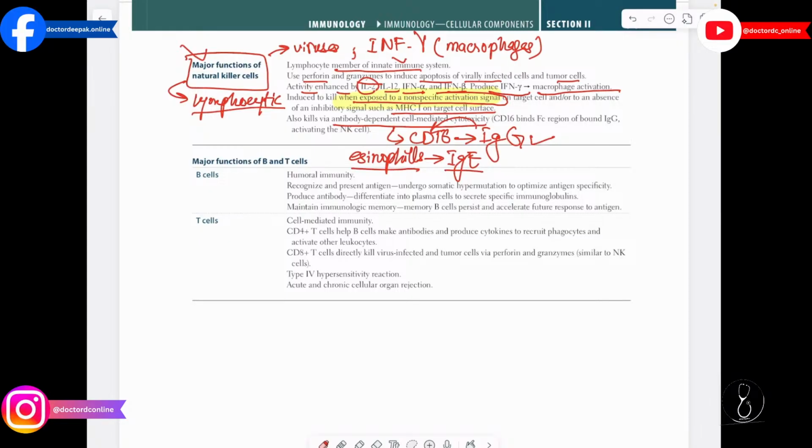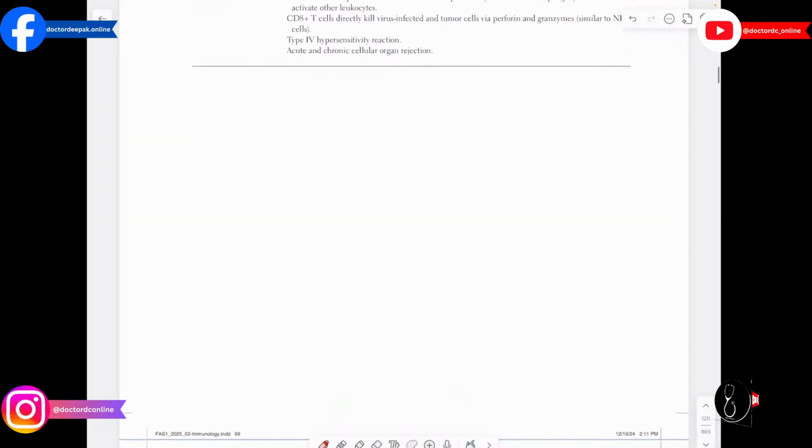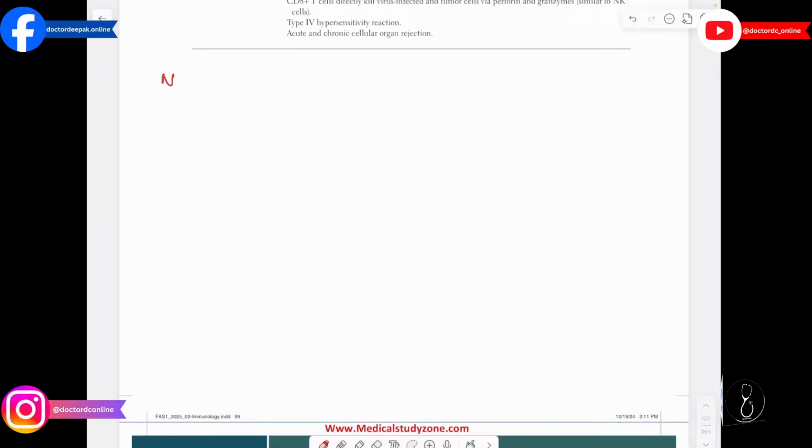And the natural killer cells also have some explanations of how those markers go and enhance the function. And thirdly, there is one more marker present in natural killer cells, that is CD56. CD56 is also called NCAM.